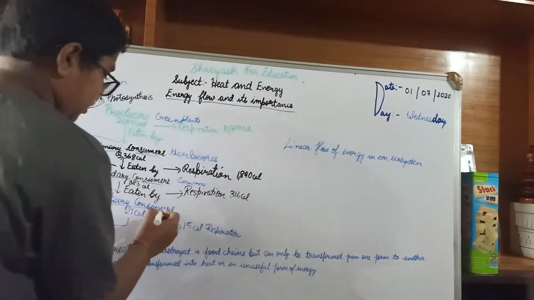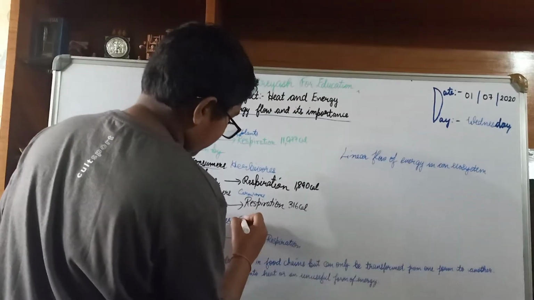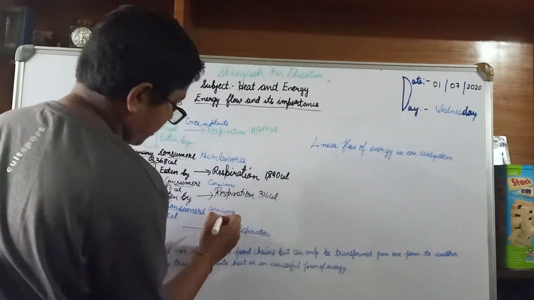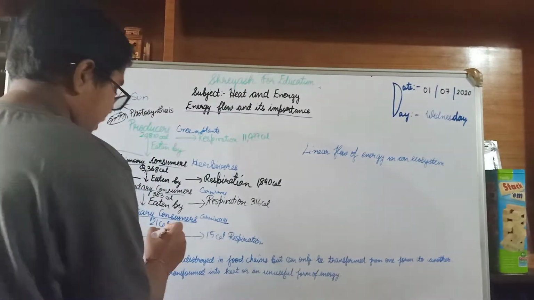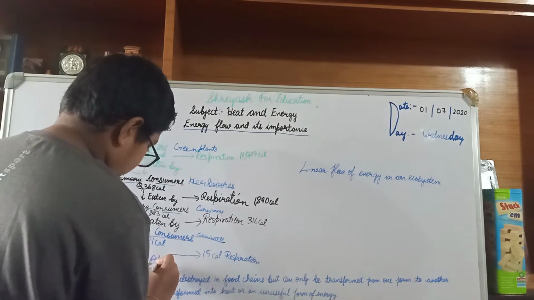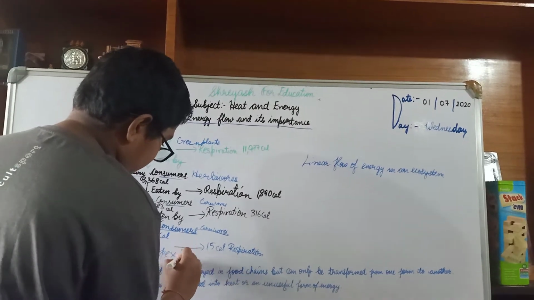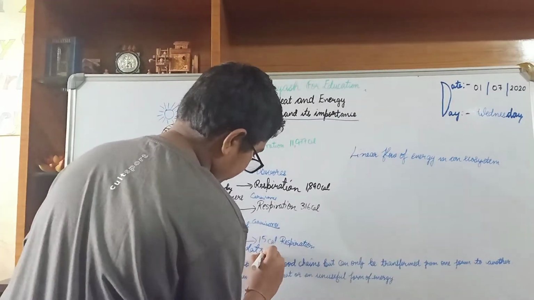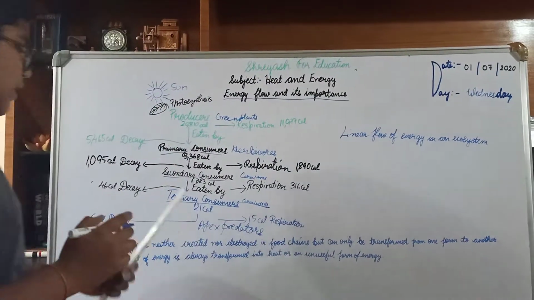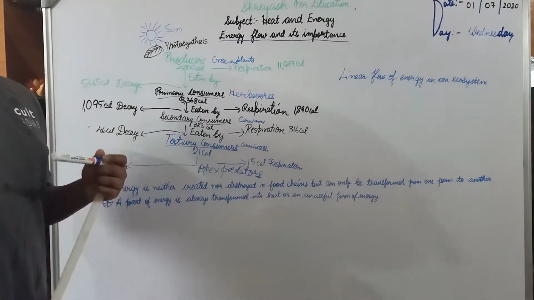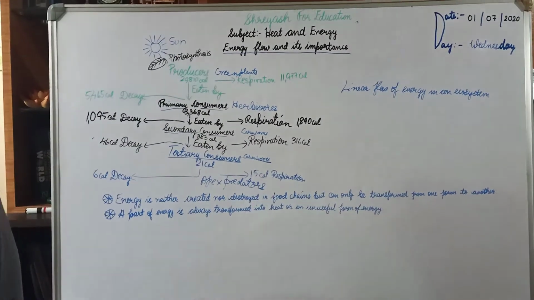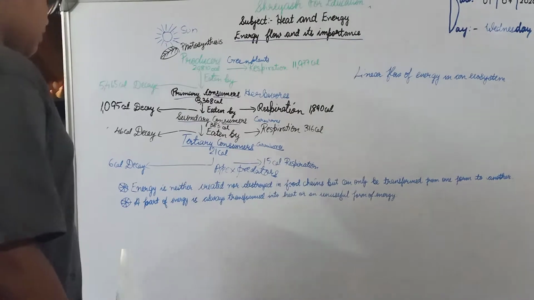And the tertiary consumers at last are carnivores, or we can also call them apex predators. Apex predators means the top predators in a food chain. Because they are the last members, they have been given the name apex predators.